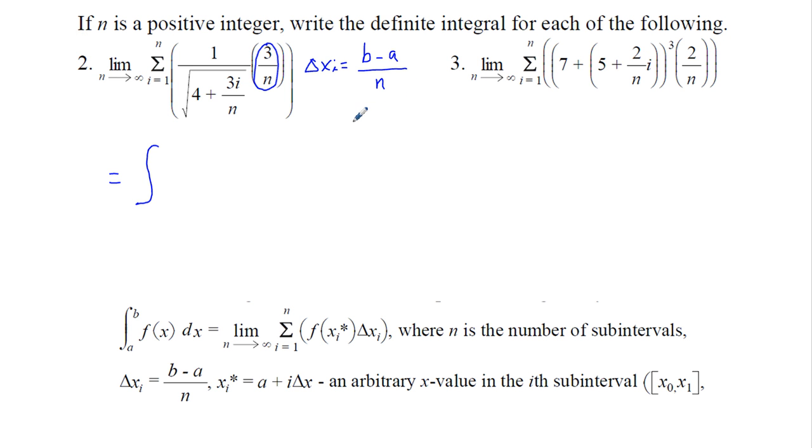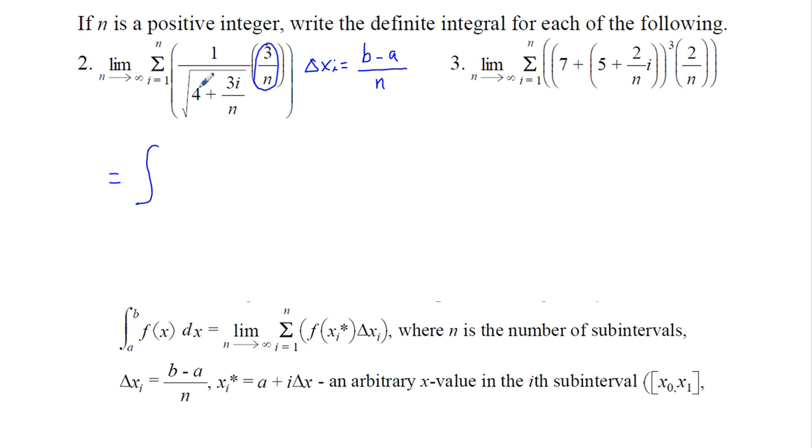Okay. So we have that piece to reckon with. And then we have this piece here, that x sub i equals a plus i delta x.